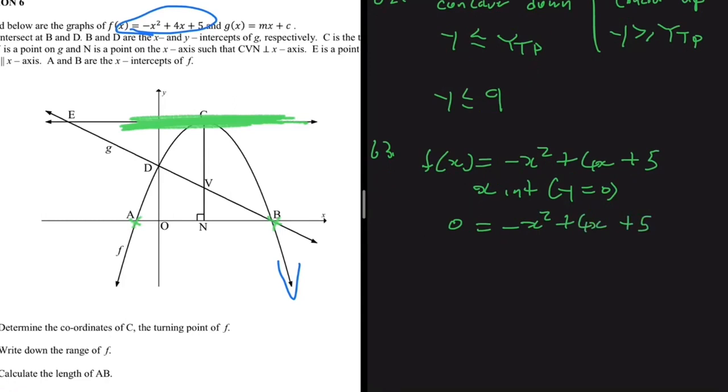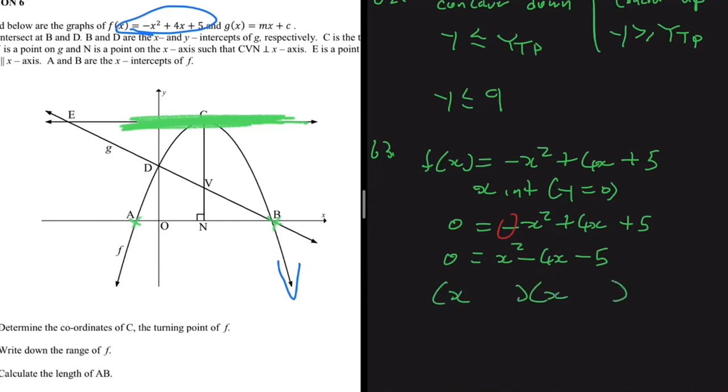It's a bit tricky to factorize when you have a minus here, so I'm going to divide everything by minus 1, right? So 0 divided by minus 1, that is 0, and then we have x squared minus 4x minus 5, and then now we can factorize, right?